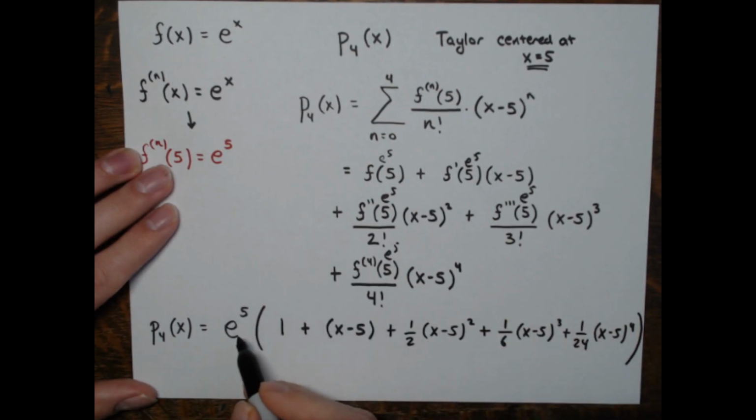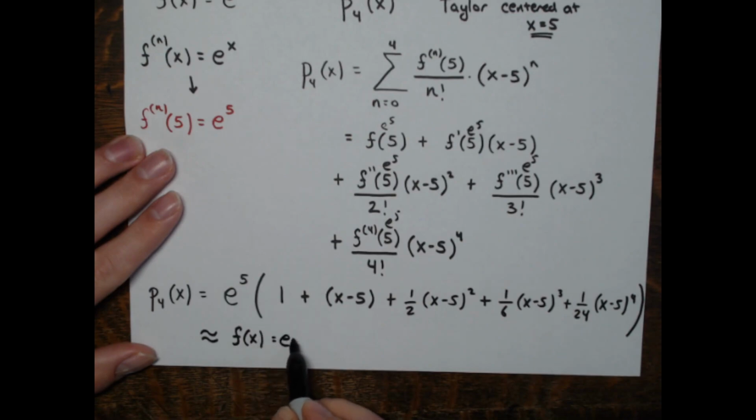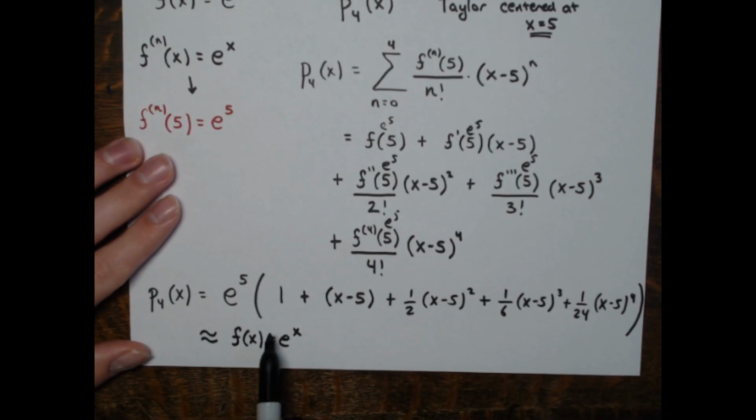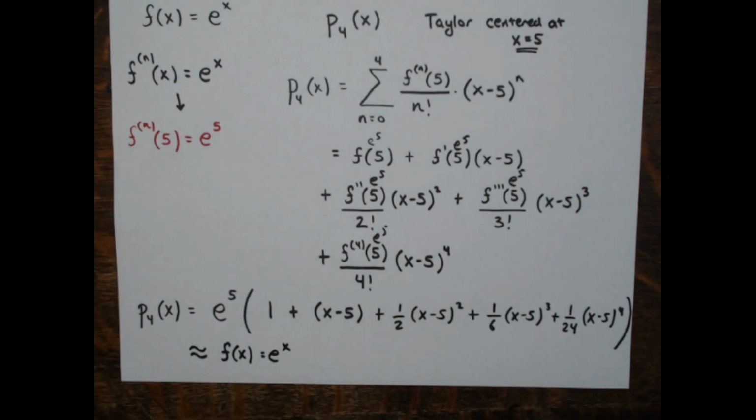And again, this should be approximately the same as the function f, e to the x. This should be very close to the graph of e to the x, especially around 5, centered at 5. And let me show you the same thing in Desmos again.